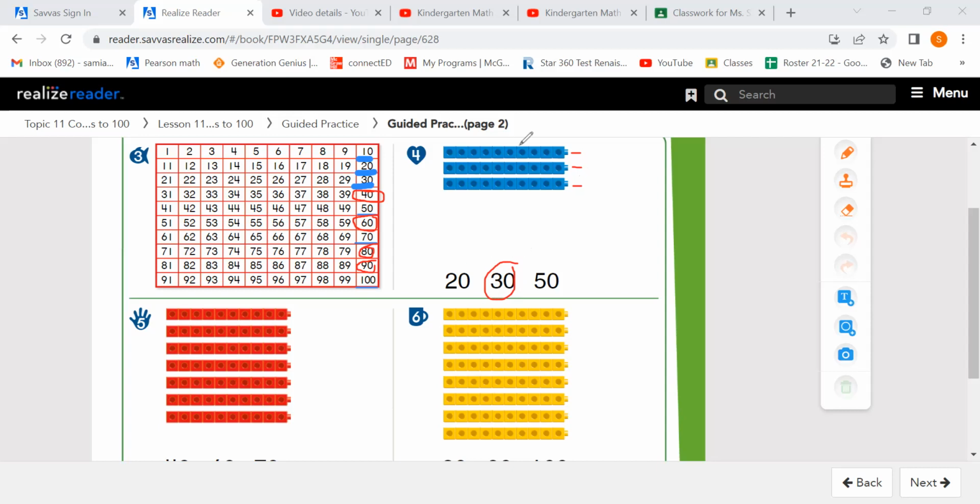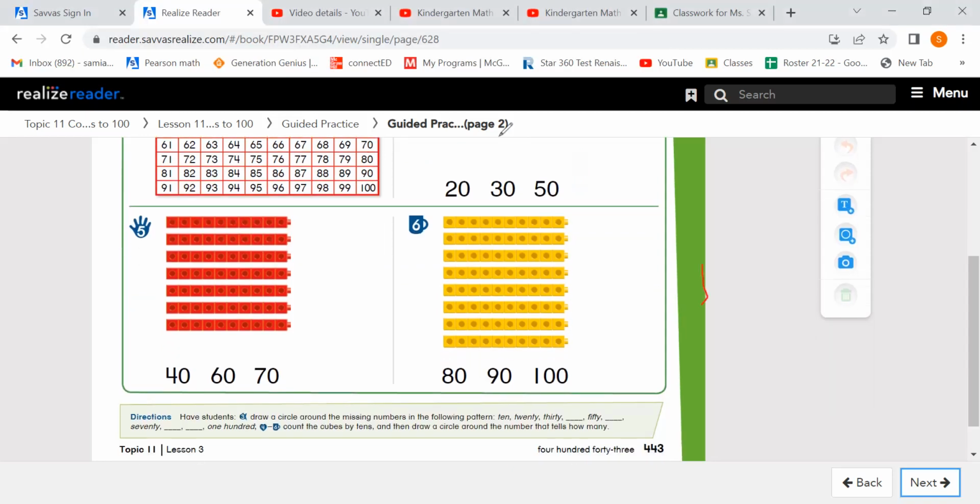All right, let's go to the next problem, number 5. You're going to count the cubes by 10 and then draw a circle around the number that tells how many. 10, 20, 30, 40, 50, 60, 70.